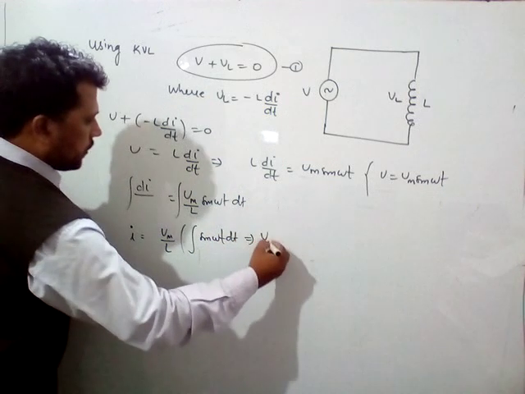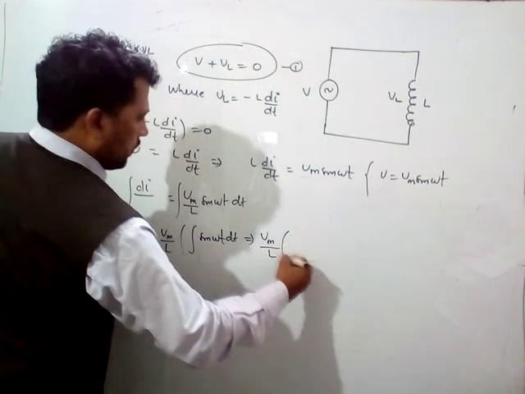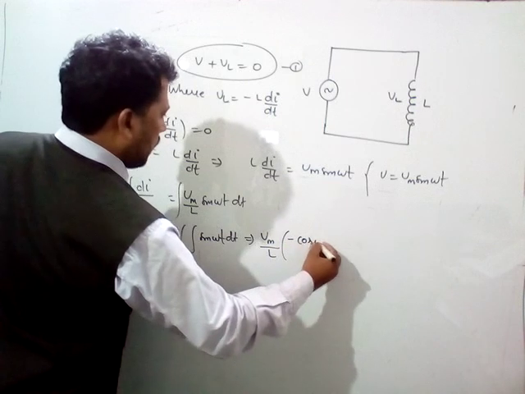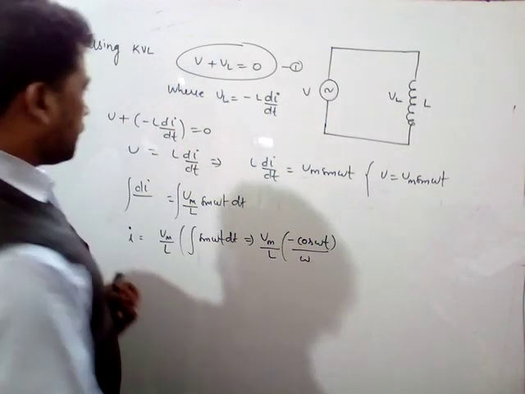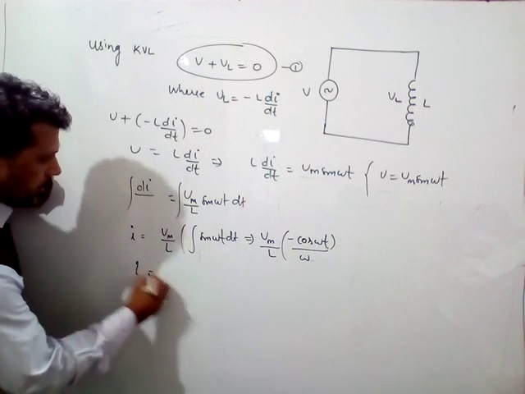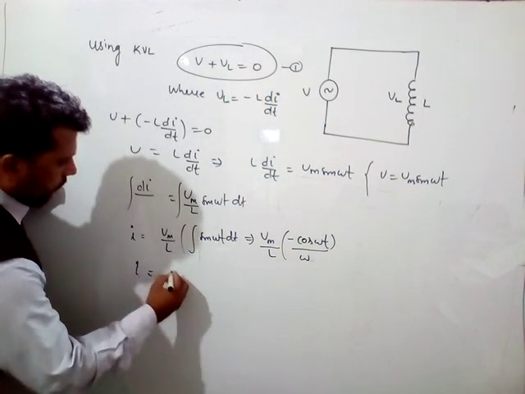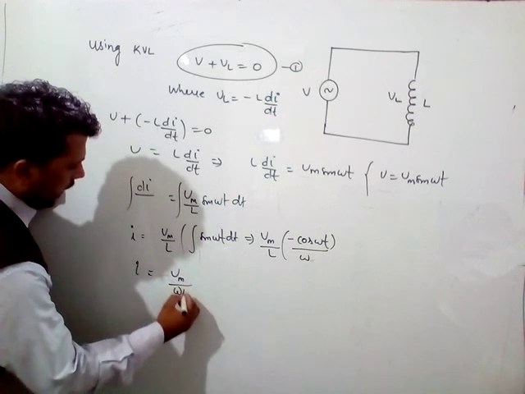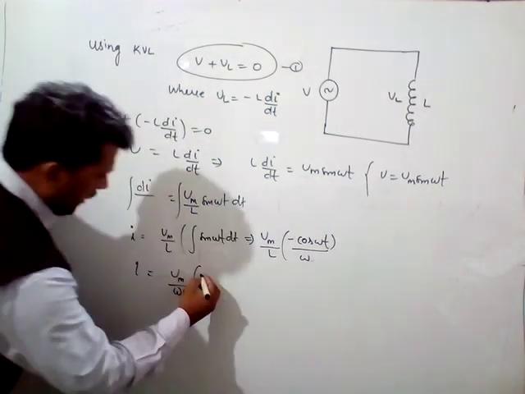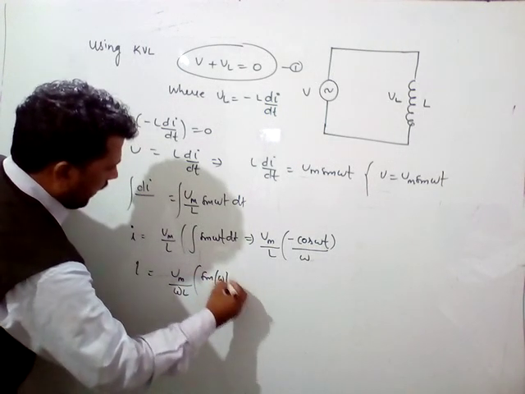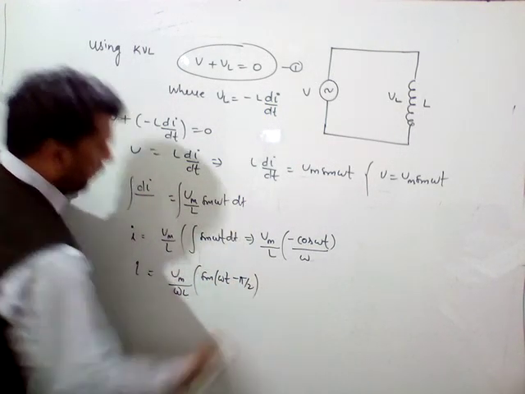So it is equal to Vm upon L times minus cos omega t upon omega. Okay, so I is equal to Vm upon omega L, and cos omega t is equal to sin omega t minus pi by 2.